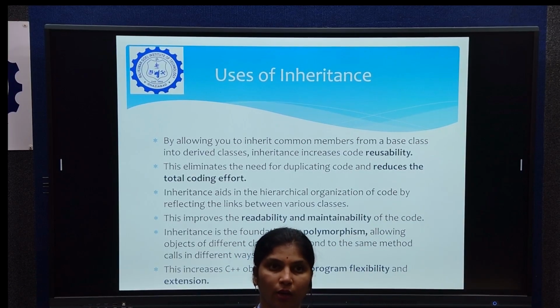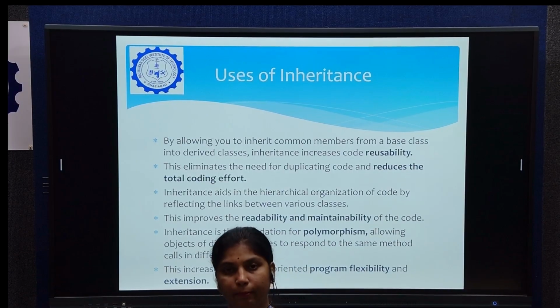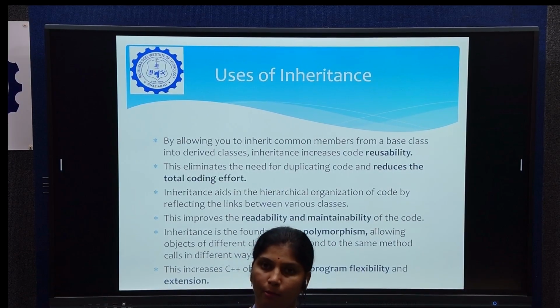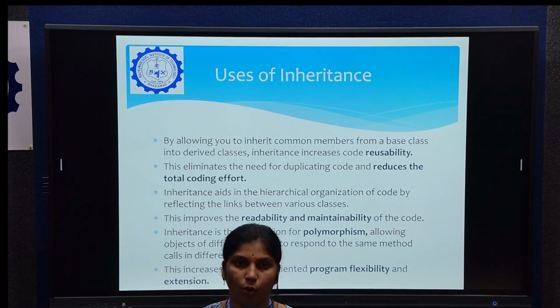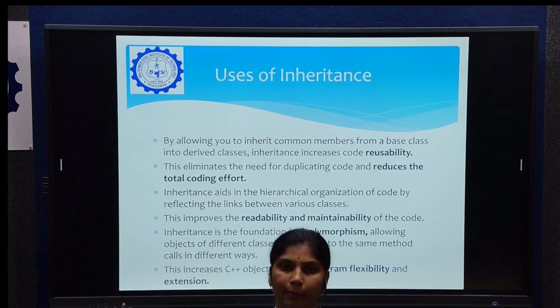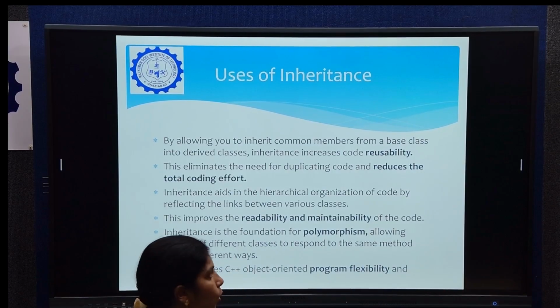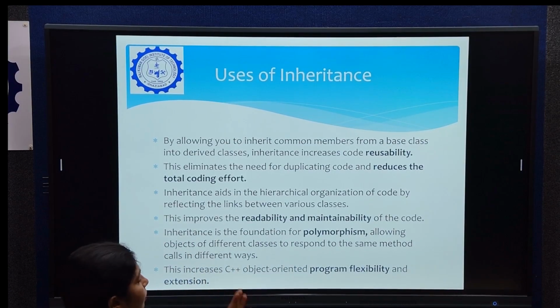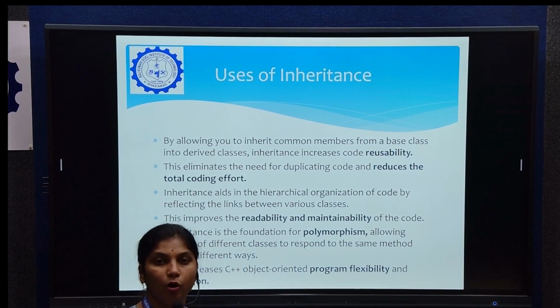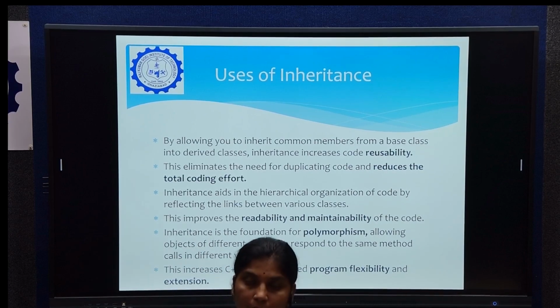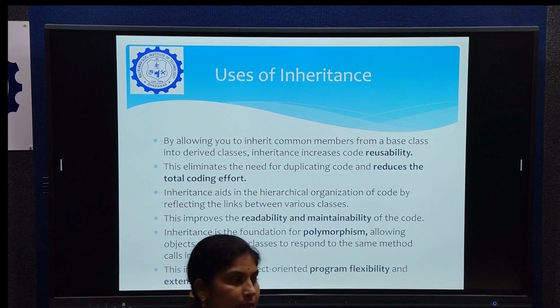So in this way, the code is written only once. It is implemented in n number of places wherever we want. We can inherit a base class n number of times as per our requirement. In this way, reusability of code is provided by inheritance.